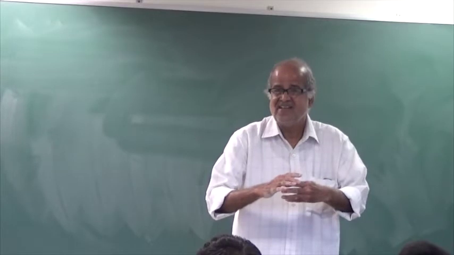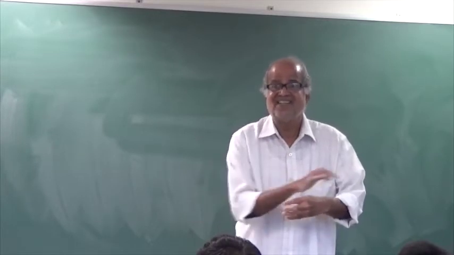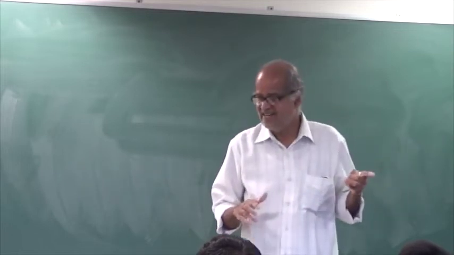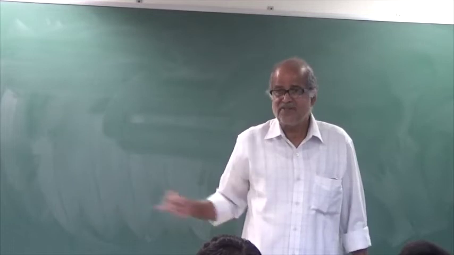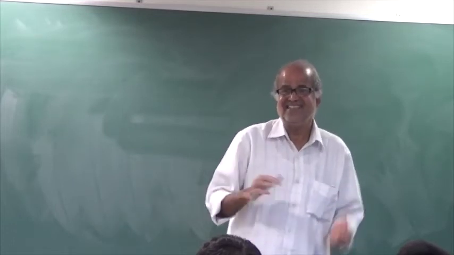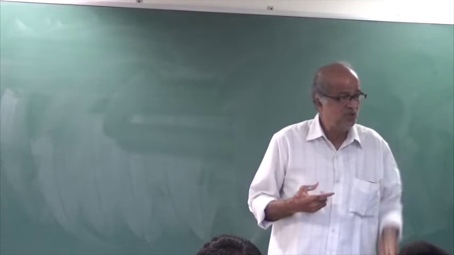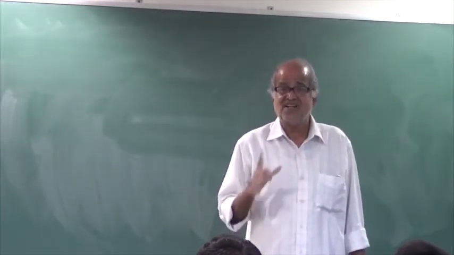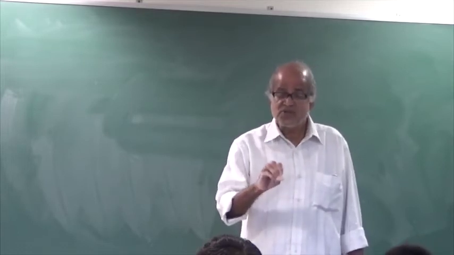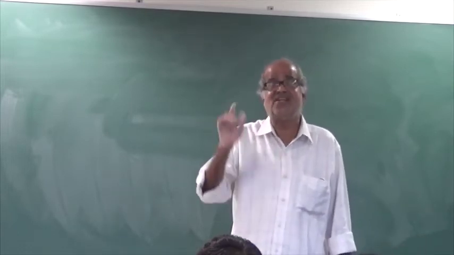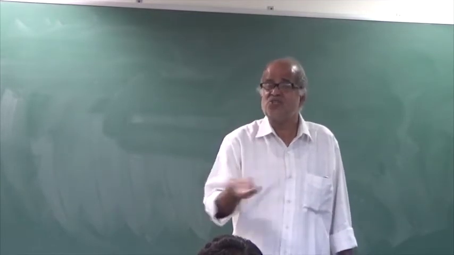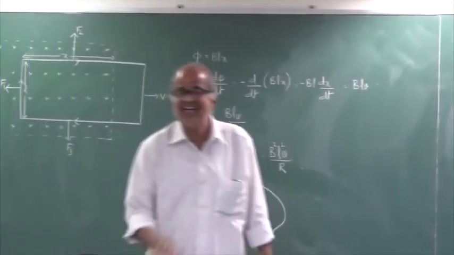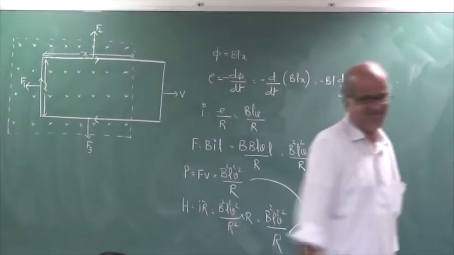That means the flux linked with this wire will change. According to Faraday's law, whenever there is a change in the flux, an EMF is induced. In which direction is it induced? So as to oppose the cause producing it. The cause is the increase in the flux, so it is induced in a direction so as to oppose this increase, which means this induced EMF is in the direction opposite to the applied EMF.